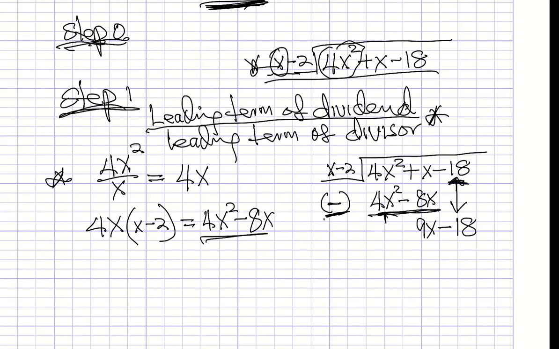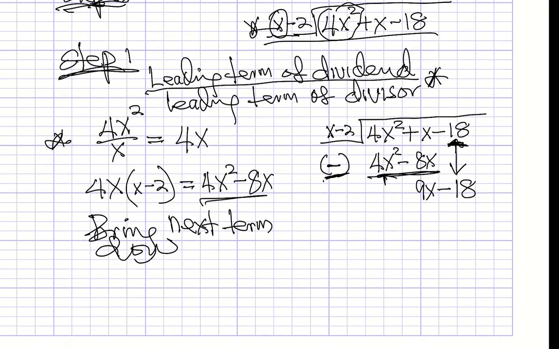And then we repeat the process. So once you bring that down, bring the next term down, okay, that completes step 1. That's how I want to do it. Somebody can do it differently. This completes step 1.